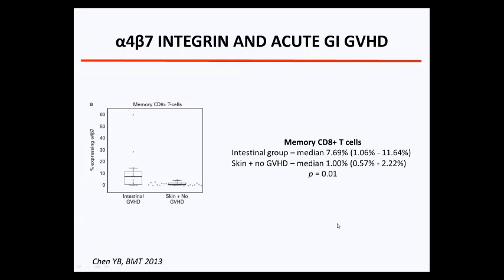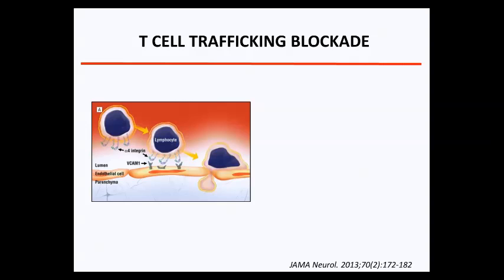Here you have a slide showing that when they compared the percent of expression of alpha-4 beta-7 on memory CD8-positive T cells between patients who had intestinal GVHD and those who had skin GVHD or no GVHD, a significant difference was seen. This is understandable, since this is a molecule responsible for the interaction of those T cells with the endothelium, and that will allow the T cell trafficking.